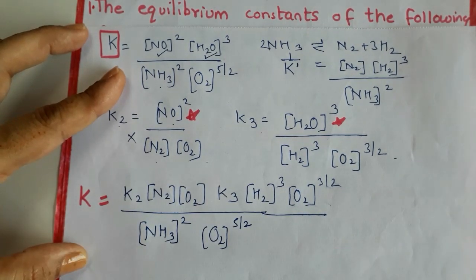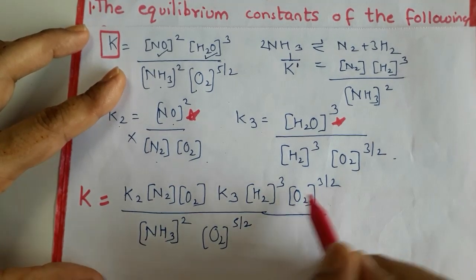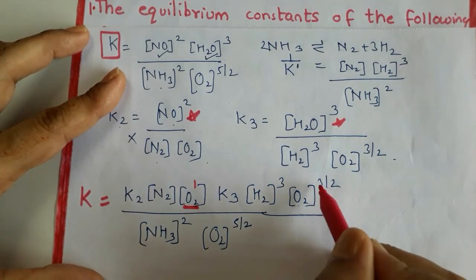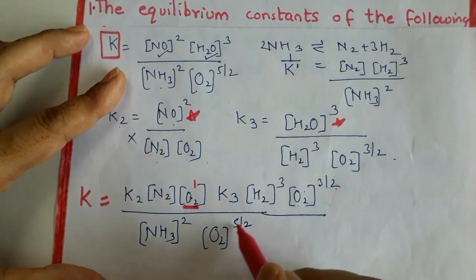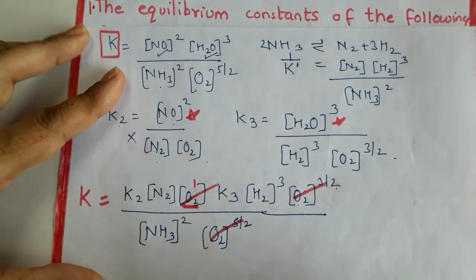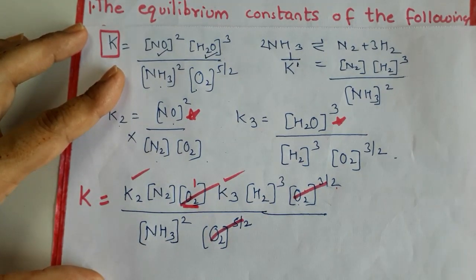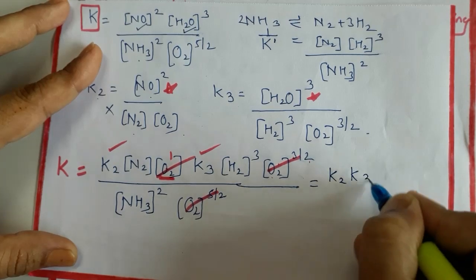Now let us see which terms will get cancelled. Just have a look at this law of indices: O raised to 1 and O raised to 3 by 2. When you add these two, it would be 5 by 2. So this term gets cancelled. Yes, we are left with K2, K3. So I will write here K2, K3.